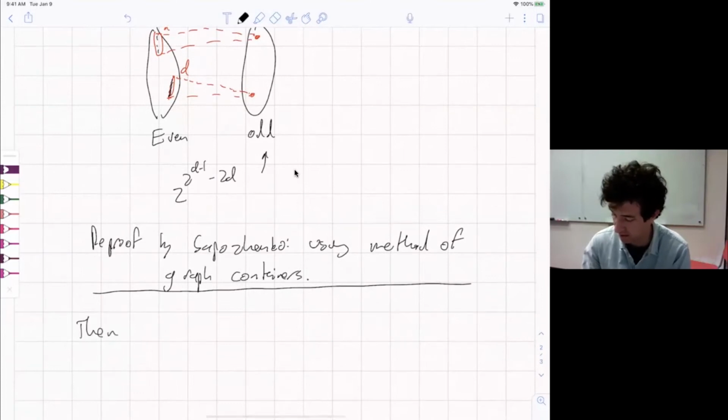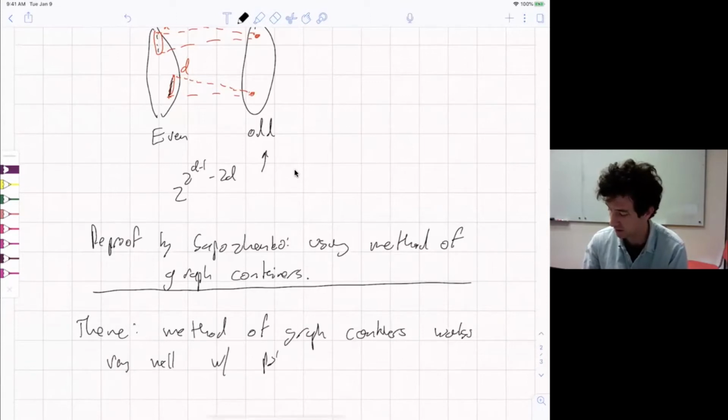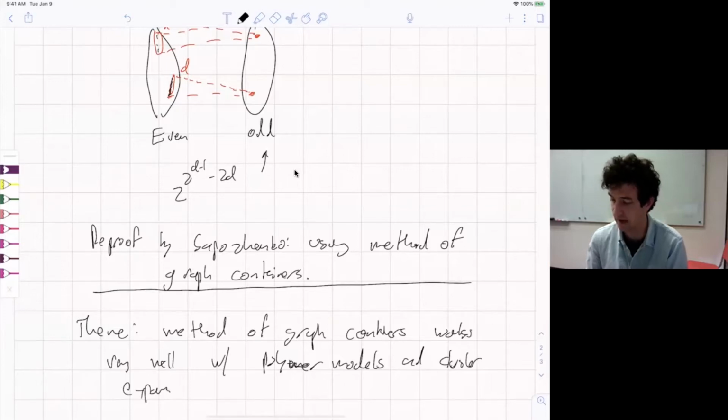A theme for today will be that the method of graph containers works, at least in this example, very well with polymer models and the cluster expansion. And so we'll see how these two things tie together.